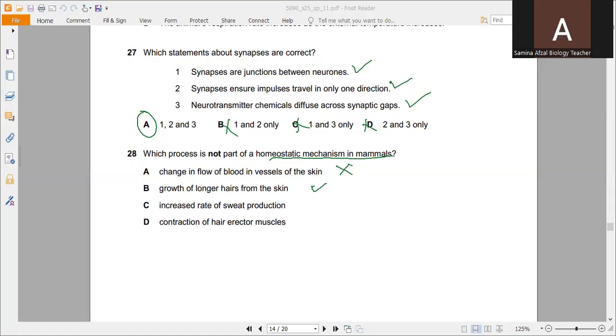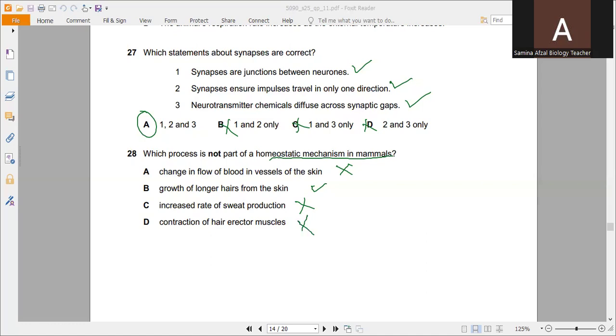Increased rate of sweat production. Sweating is a primary active response to cool the body via evaporation. So this is not the correct option. And contraction of hair erector muscles. Contraction traps a layer of hair to insulate the body when cold. So this is not the answer.